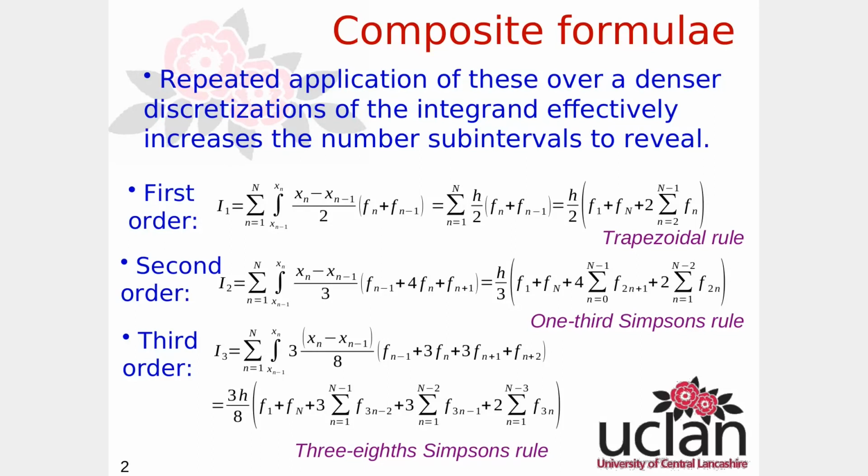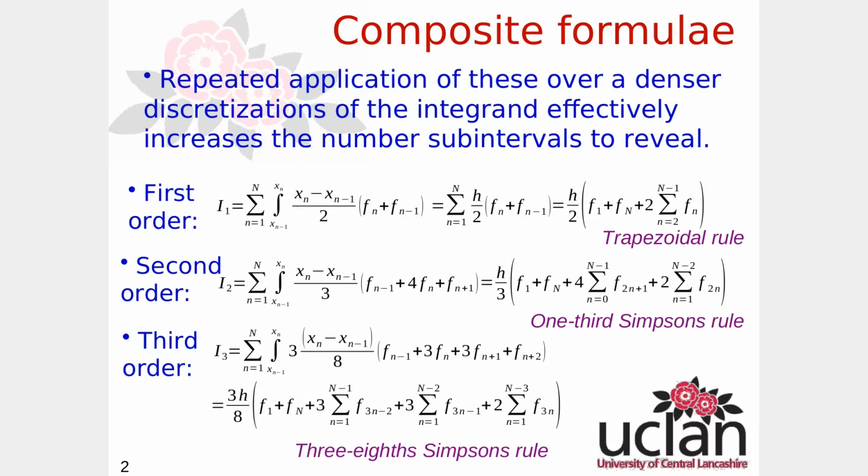So it's again the first and the last. It's 3 times these, 3 times the next, and then twice the final interior points. If you do these 5 at a time, then you do the first, the last, and then the interior points are 3, then 3, then 2, and then multiply by 3/8 h.